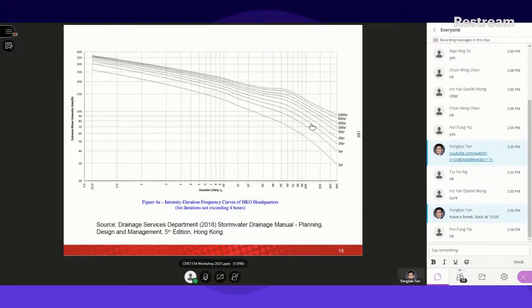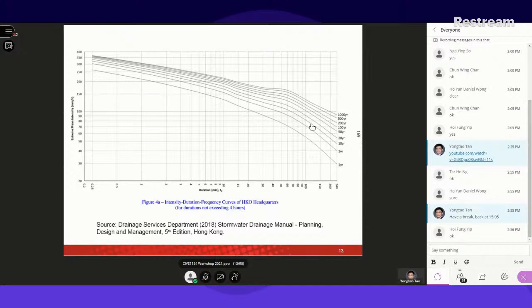So for general applications, normally we use the Hong Kong Observatory headquarters rainfall statistics. As I mentioned before, the mean annual rainfall in Hong Kong from 1981 to 2010 is about 2,400 millimeters.